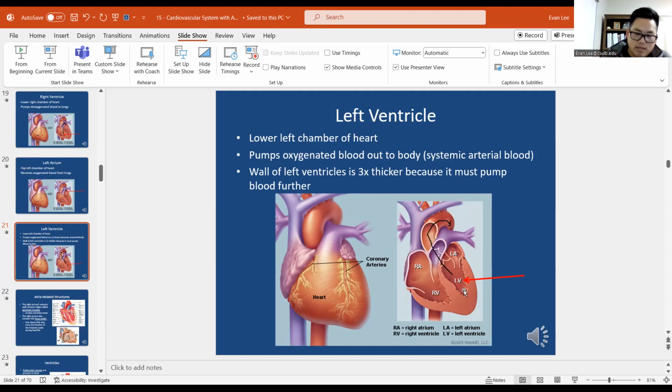It has to go down to your fingertips, down to your toes, all throughout your abdomen. So this ventricle is much stronger than any other chamber because it has to produce a lot of force to go against gravity, to go into small blood vessels, far blood vessels. So this is the one that pumps the oxygenated blood out into your systemic circulatory system.